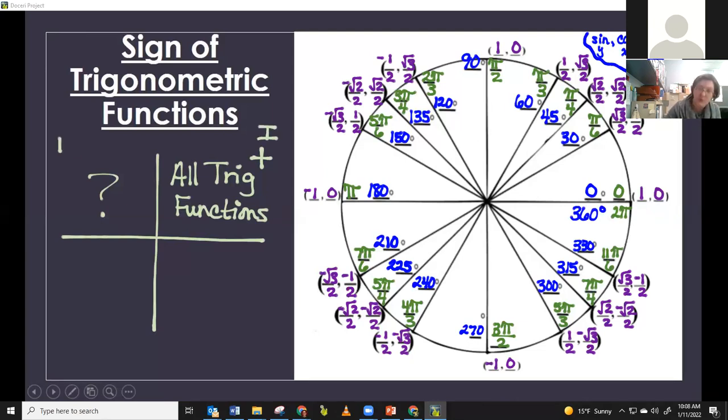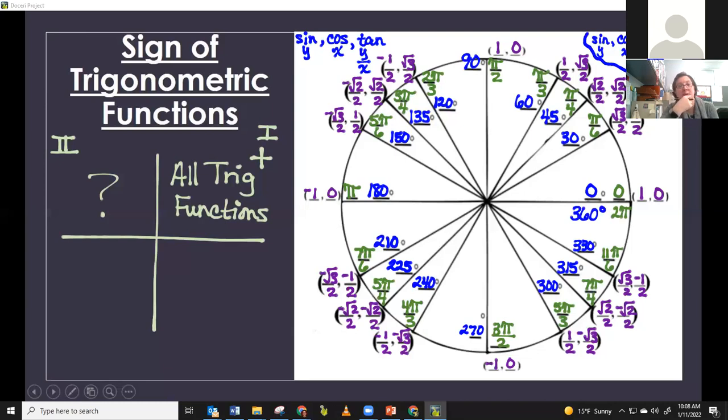In quadrant 2, we have negative x's and positive y's. So if my sine is my y, cosine is my x, and tangent is y over x, which of those would be positive over in the second quadrant? If x is negative, my y is positive.